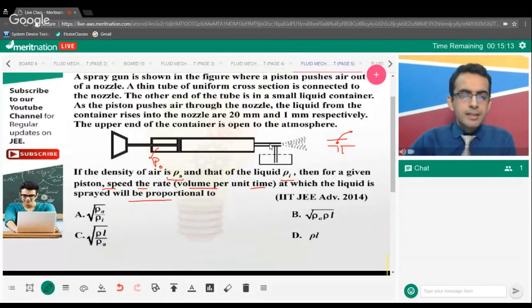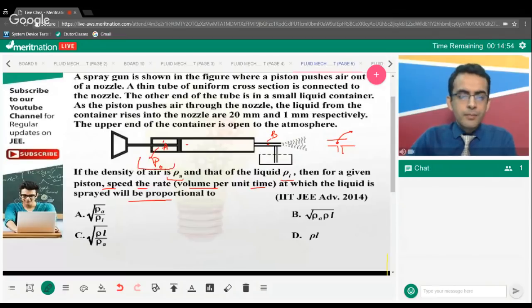Now see these two points that I'm pointing at, let's say this point A and this point B. They're at the same height. Just apply this principle.